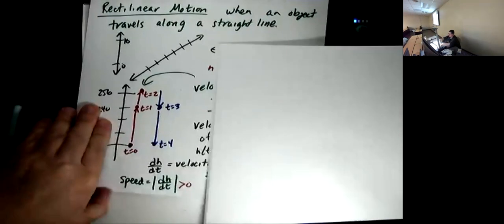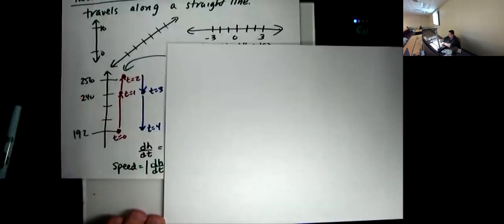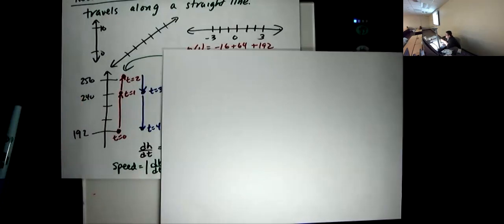While I have this picture up, why are these arrows different lengths? These represent velocity or speed. Why do they have different lengths? This is not a trick question. Think about time. How far did it go in the first second?